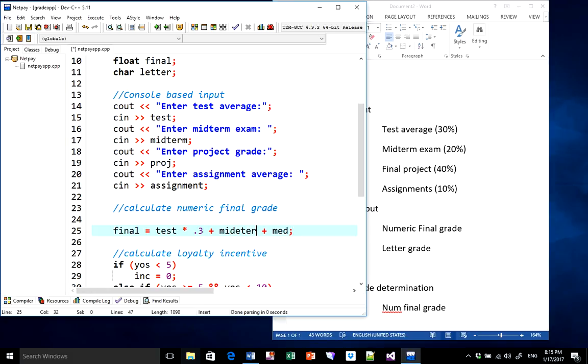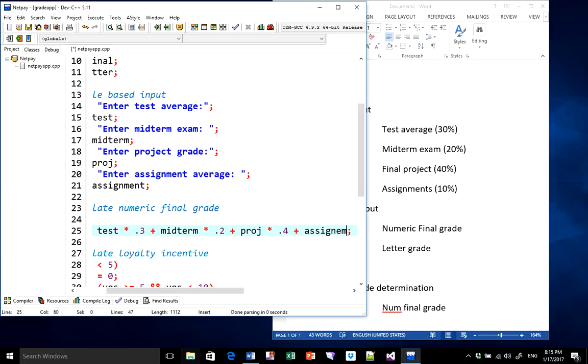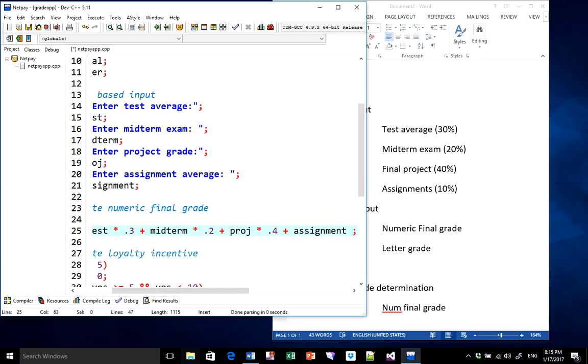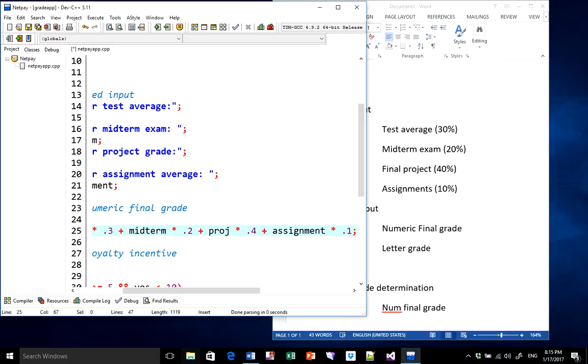Plus midterm times 0.2 plus proj times 0.4 plus assignment times 0.1.